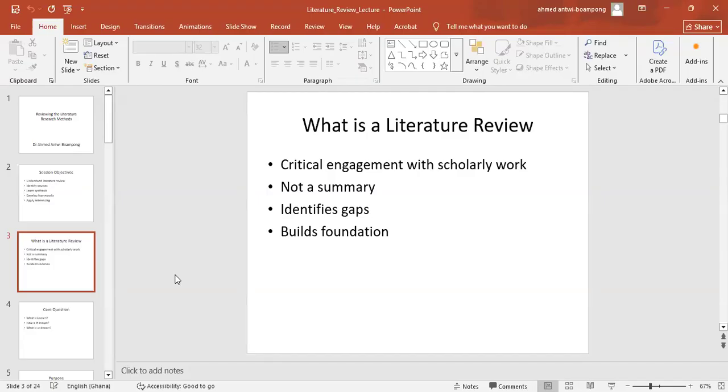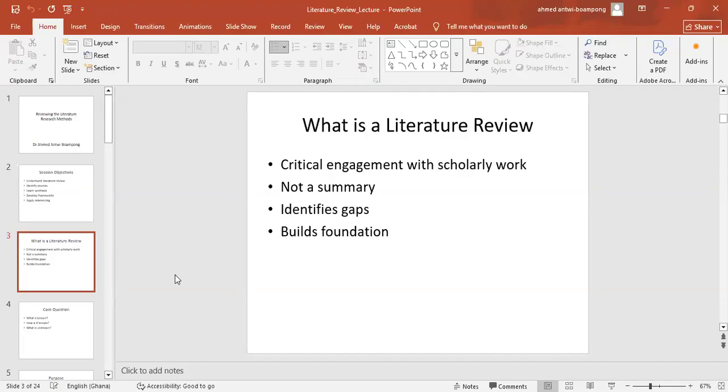So you want to do something on blended learning adoption in Ghana. You first engage with the existing research, carried out by people before you in that particular area. So you will be identifying what is known.